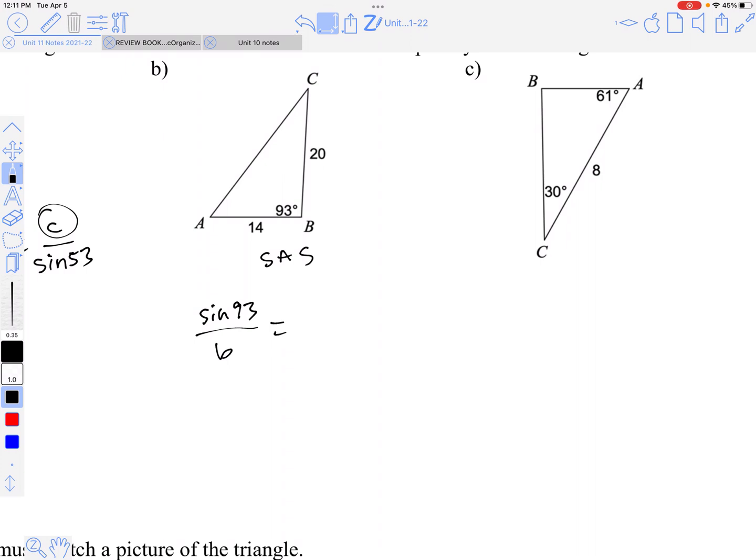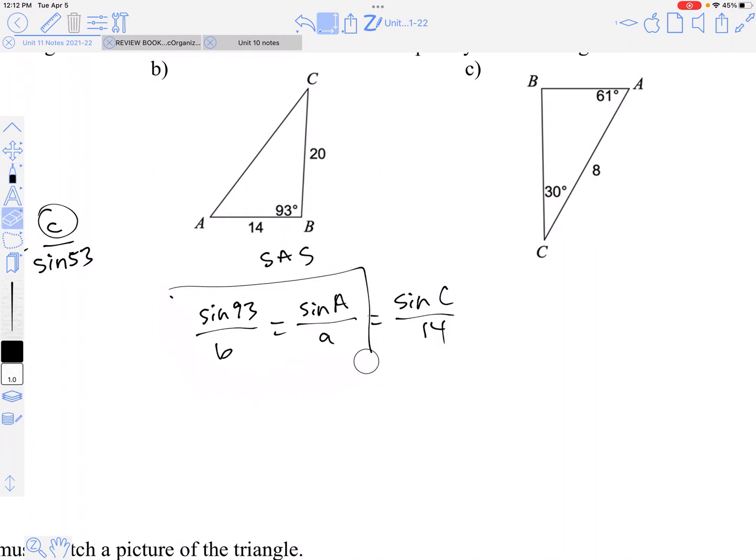And I don't have sine of A or sine of C, and I don't have A. But I do have little c. If I try to use that, I have 3 unknowns, and I will not be able to solve for anything.